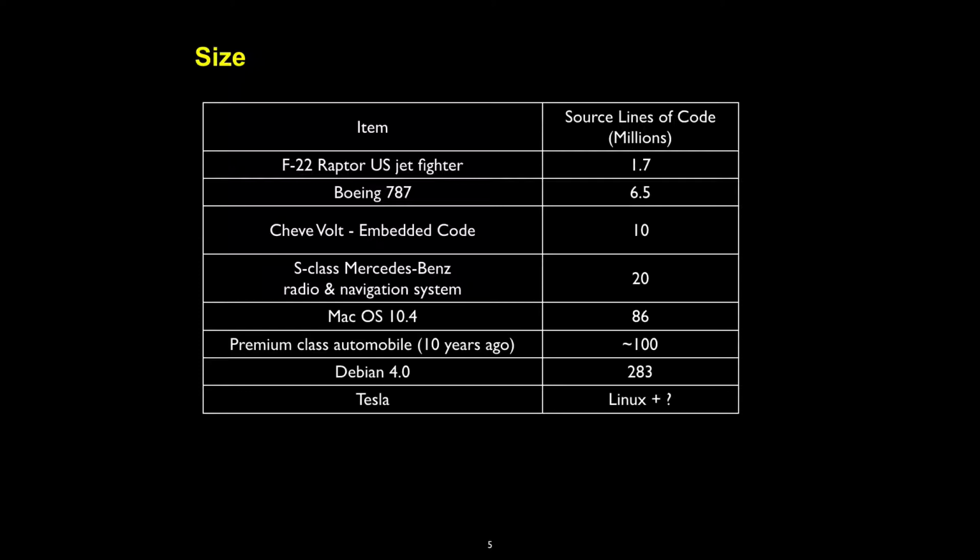Plus you have the fancy control system and the fancy radio and the navigation. And all those sensors now for detecting people and cars around you and trying to drive the car.